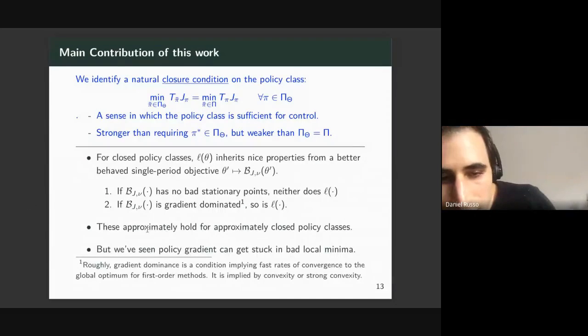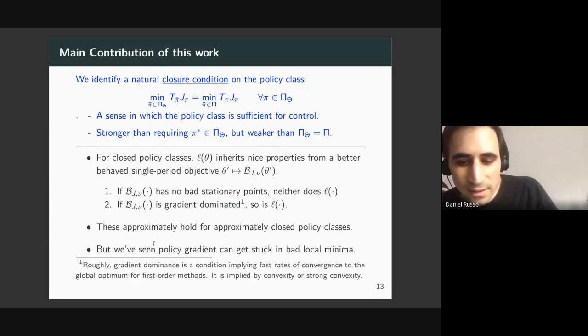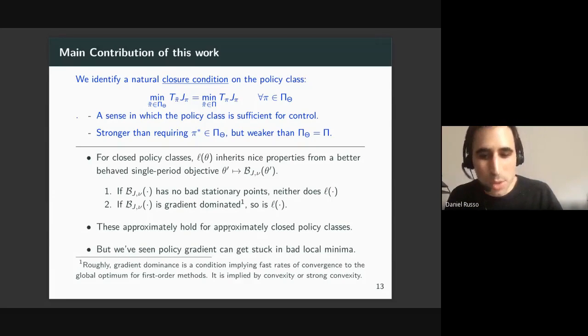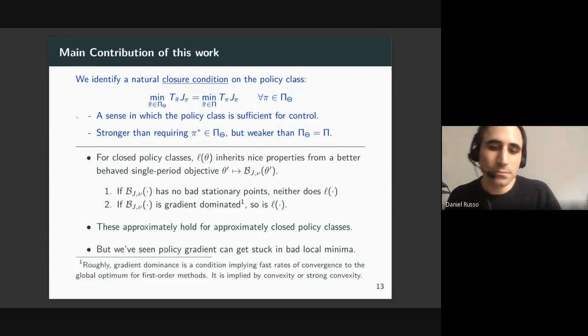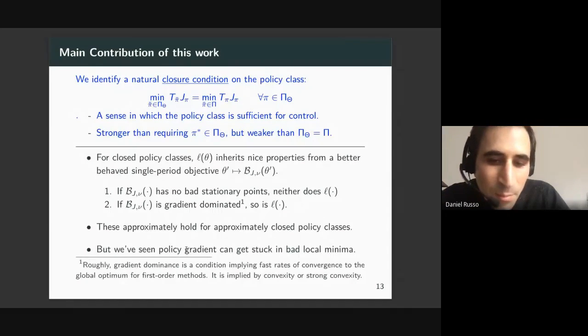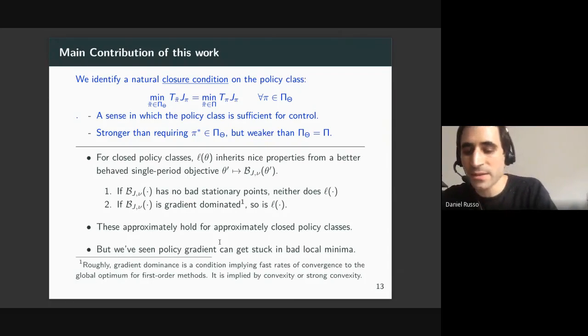Beyond that, these results are shown to approximately hold for approximately closed policy classes, in a way I'll make precise. Some condition like this is certainly necessary, because we've seen that without one, policy gradient methods can get stuck in bad local minima.